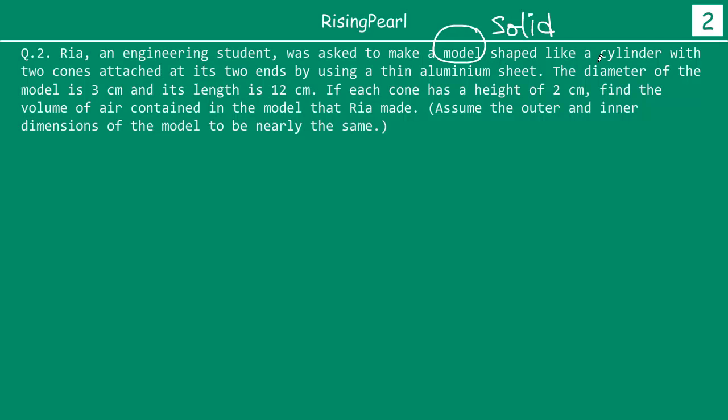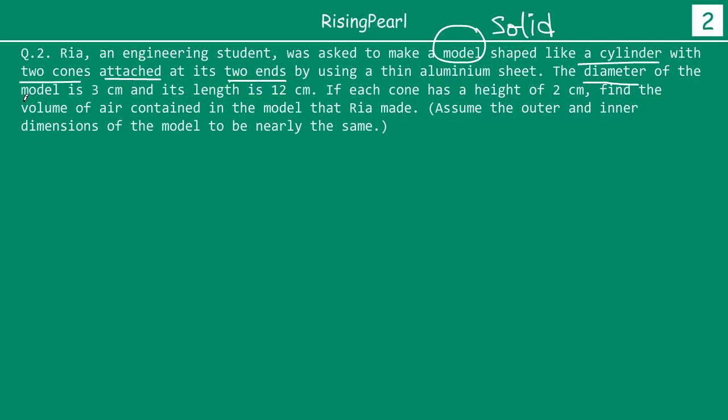It has one cylinder with 2 cones attached at its 2 ends. That means, by just looking at this information, you should be able to visualize how your model should look. You have a cylinder and you have 2 cones attached on 2 ends. The diameter of the model, now some information is given to us.